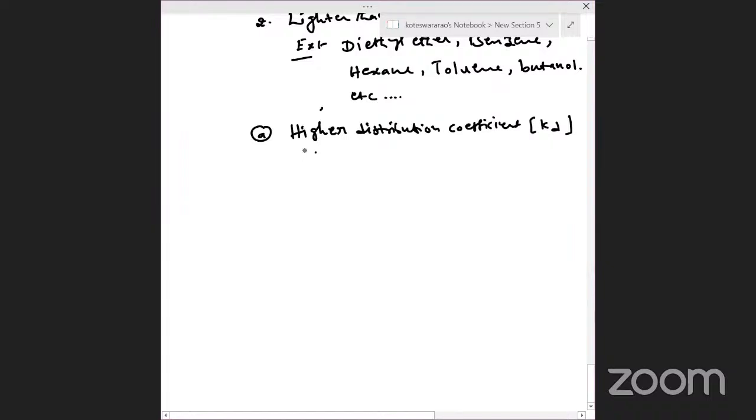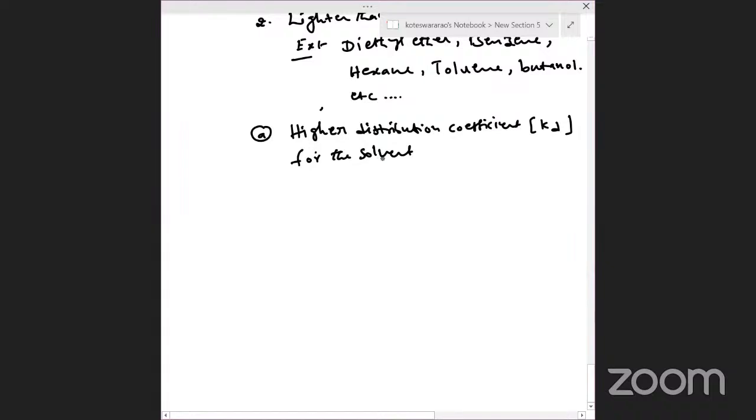For the solute, whatever solvent is used for extraction should have a higher Kd value, that is the distribution coefficient value for the solvent, and the same for the solute.